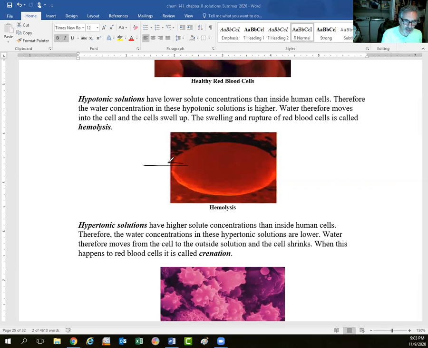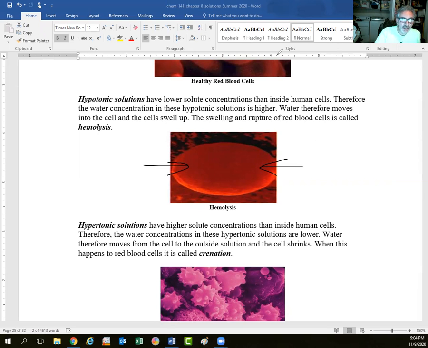So water from that solution passes into the red blood cells and they swell up. This is what we call hemolysis. And it can cause the blood cells to actually rupture and burst, basically. The water always moves from high to low water concentration.